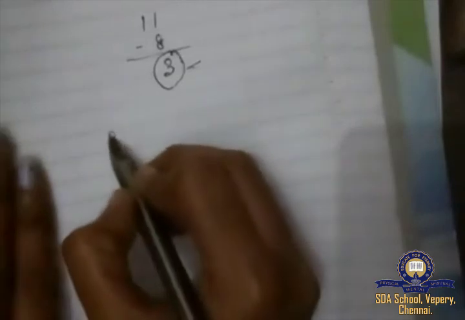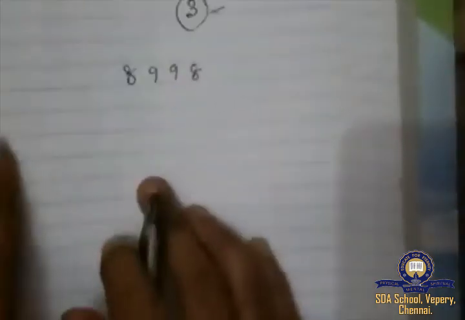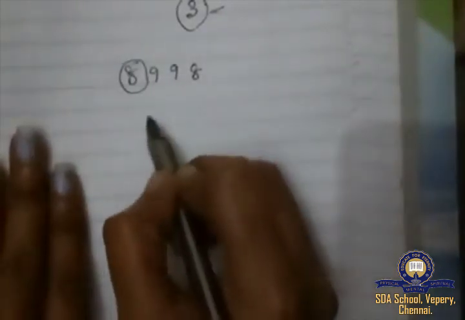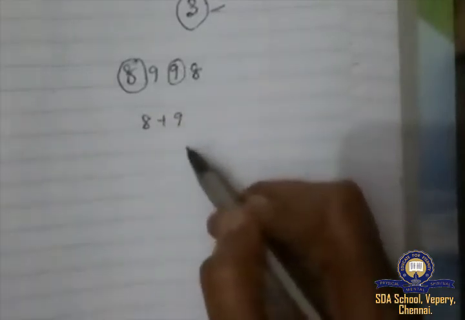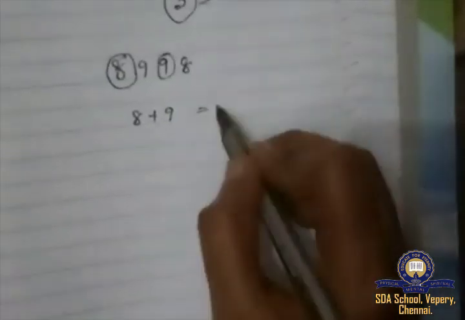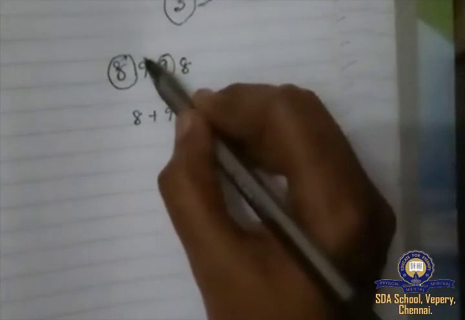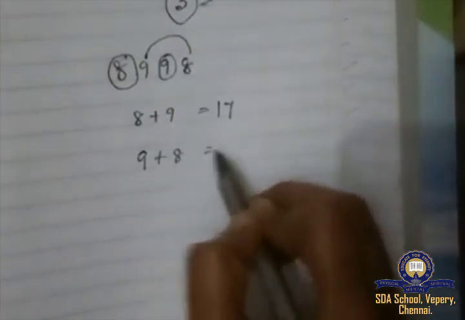8,998. Shall we add the alternate numbers? That is 8 plus 9, which is 17. Now again 9 plus 8, again 17.